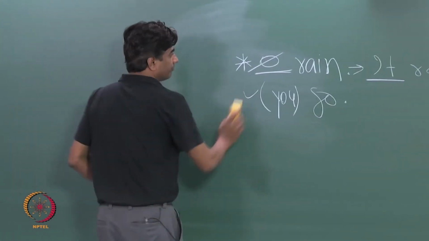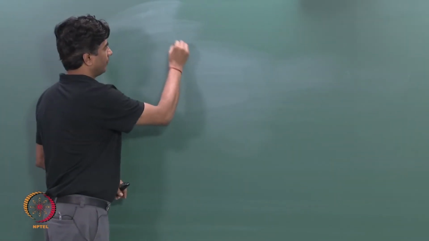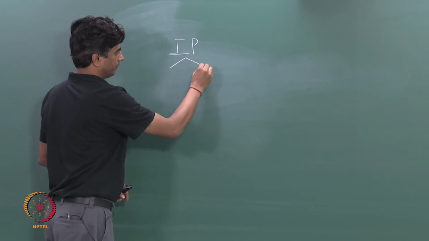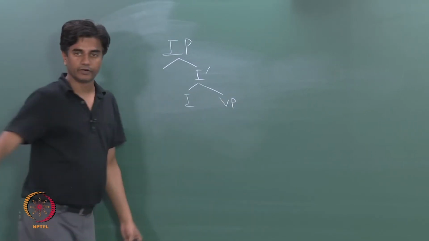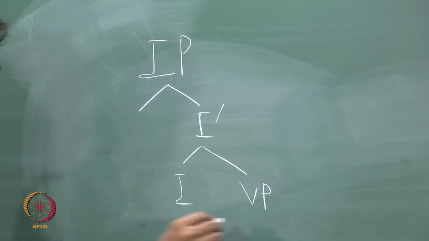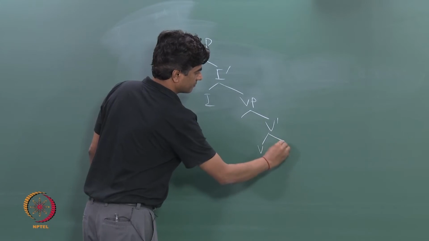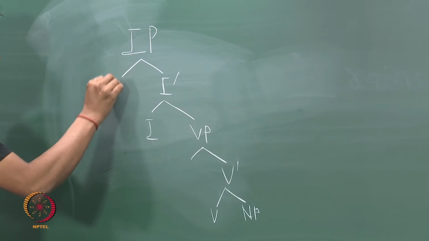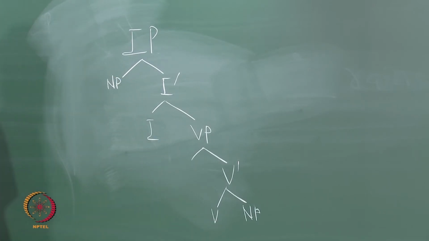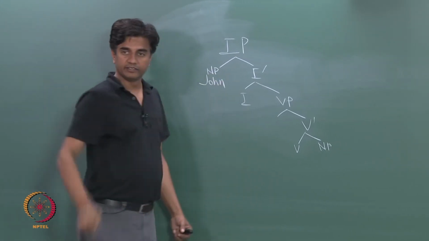The structure will be: we have an IP, and a VP. In the specifier position of the IP, we have an NP which is John, right?